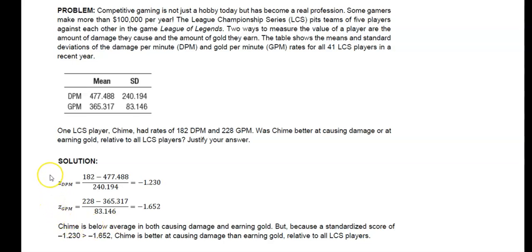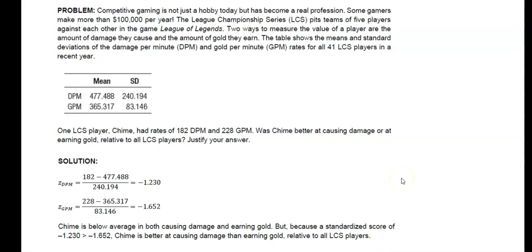Chime is below average in both causing damage and earning gold. I really thought with a name like Chime, he would be like the best. So I'm a little disappointed here. But because a standardized score of negative 1.2 is greater than negative 1.6, Chime is better at causing damage than earning gold relative to all LCS players.